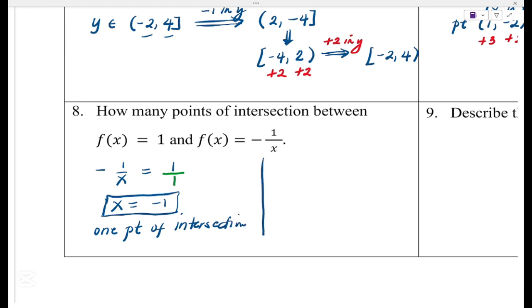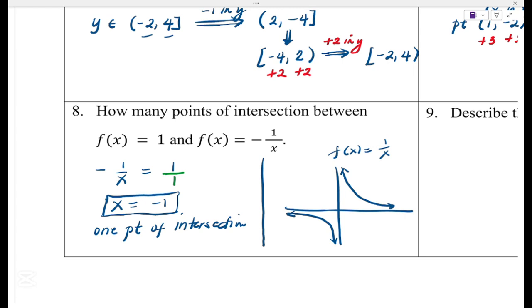Now graphically, if you are familiar with the graph of f of x equals 1 over x, we will graph it in this way. So that is the graph of 1 over x. It's a rational function with a horizontal asymptote and a vertical asymptote.